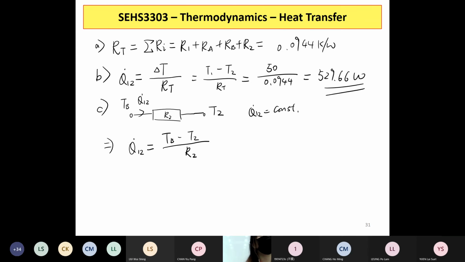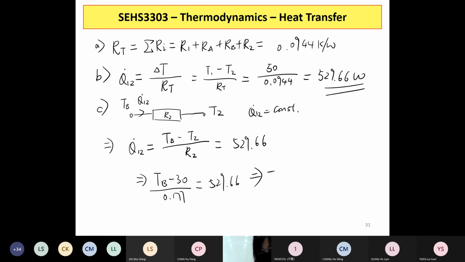Ohm's law. Remember Ohm's law? So we know the value of Q dot. If we rearrange the equation, we can get the temperature at the outer surface. What's the number? Sorry, it should be 0.